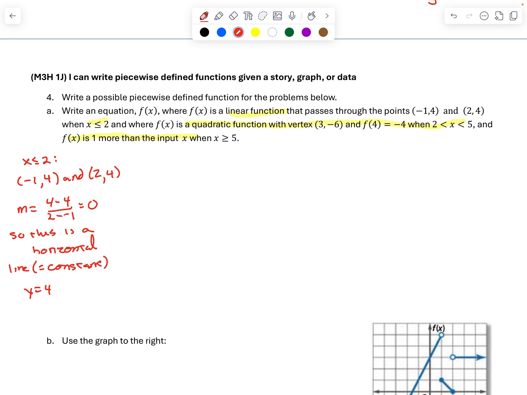Okay, so between 2 and 5, now, not equal signs, again, you just don't include it, but you don't say 3 because there are numbers between 2 and 3. So between 2 and 5, we have a quadratic.